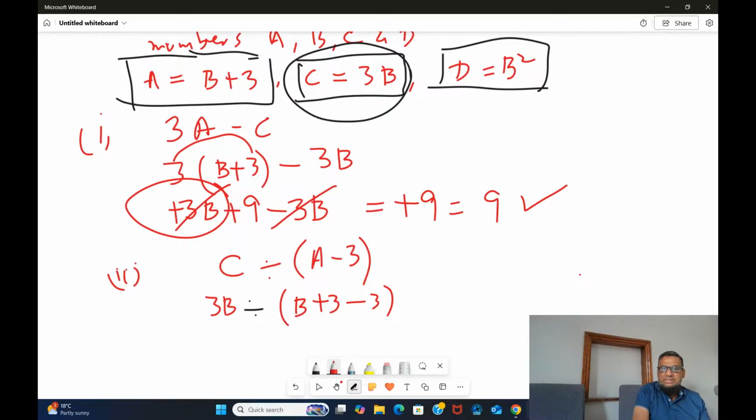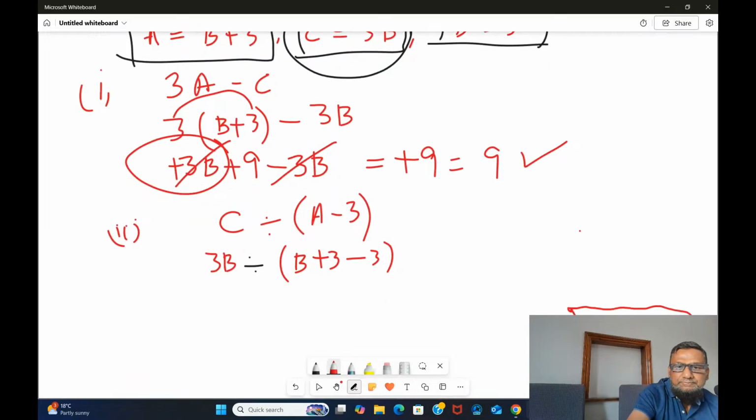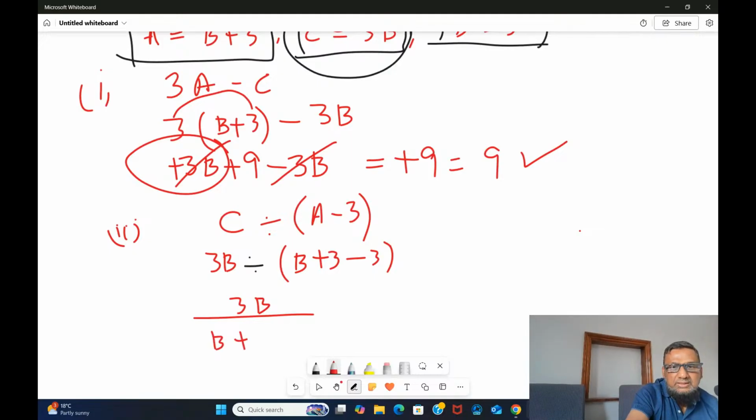So I simply substitute the value of c and the value of a. Now I can rewrite this expression as 3b divided by b plus 3 minus 3. Can I write it this way?